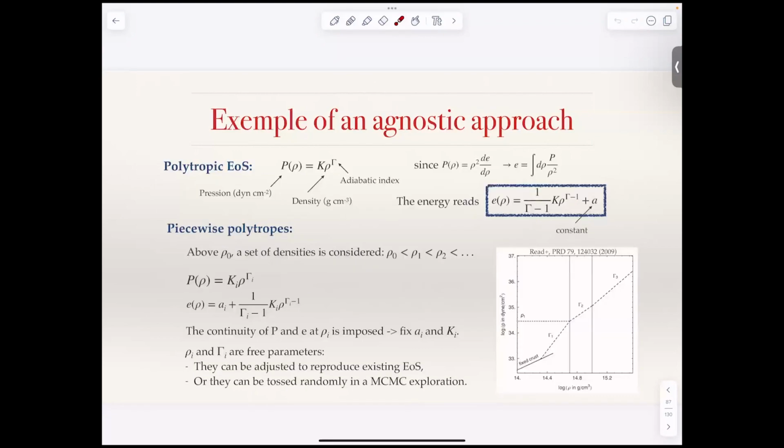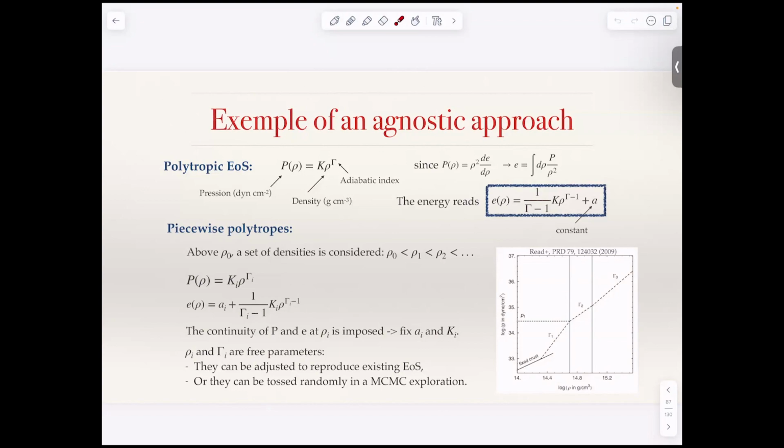But you may imagine that you decrease the intervals, and then you increase the number of layers, and the more layers you have, the more accurate it will be. But the condition will be that you will have also more parameters to fix.